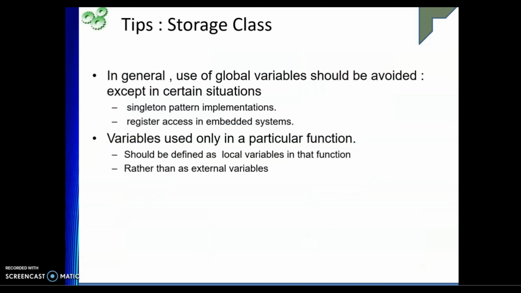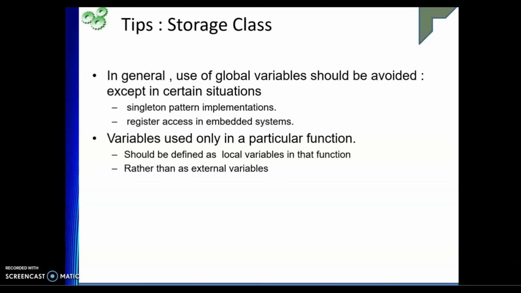Okay, so the best practice with storage classes is that we should typically not use global variables. Global variables should be avoided. But suppose you are using some concept like a singleton pattern implementation, or an embedded system, then you can use global variables.